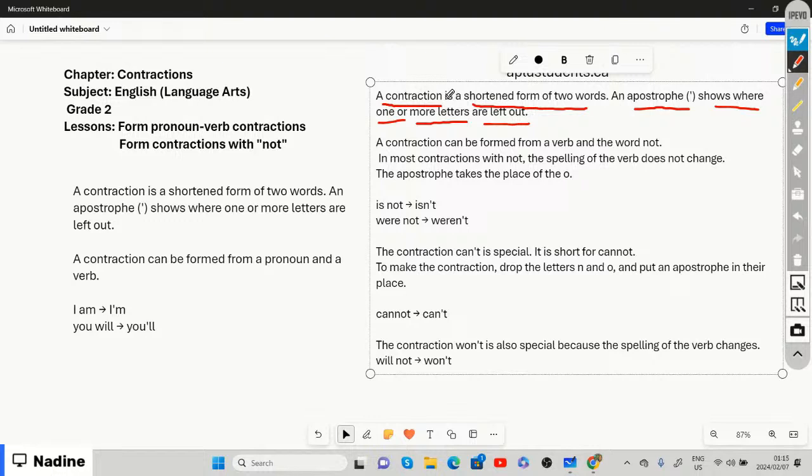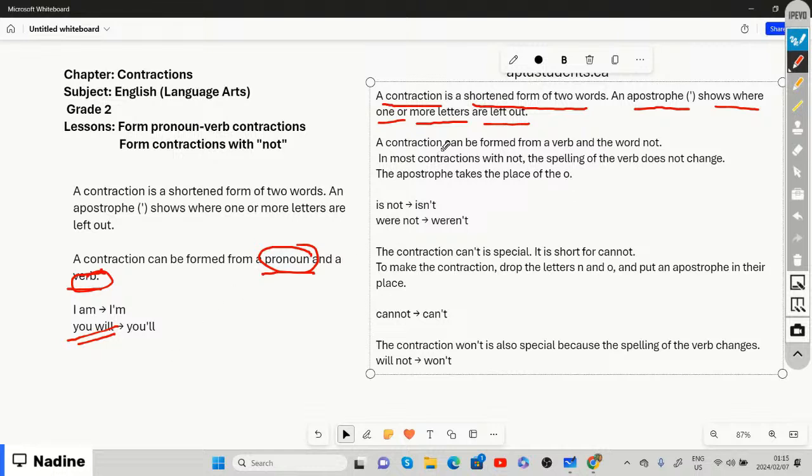So the apostrophe either shows where one or shows where more than one letter is left out. And in this case, remember over here, we said the contraction is formed from a pronoun as well as a verb, and our pronoun stays the same and we change the verb.